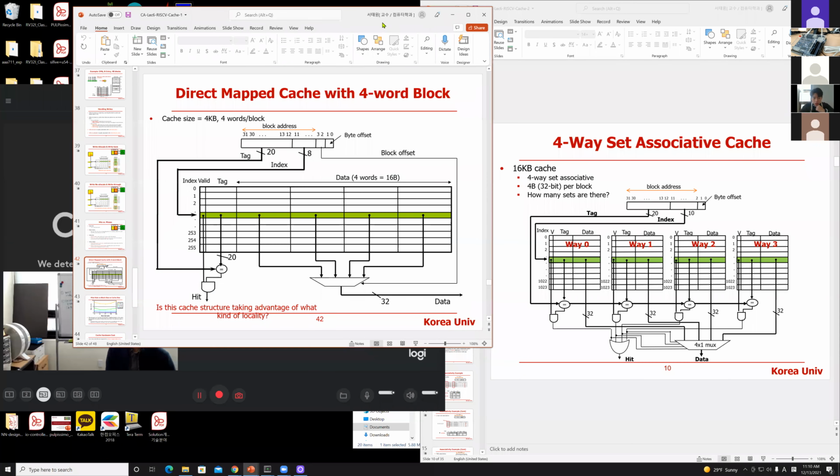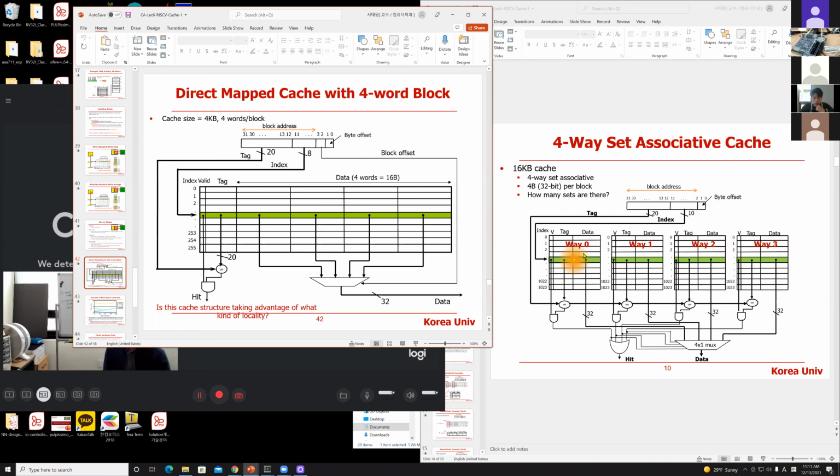Here we assume a 4 byte cache line, but this is not realistic. No one is using a 4 byte cache line. Typical number is 64 bytes, Intel CPU, right? So you have to select the word you are looking for from these 64 bytes.